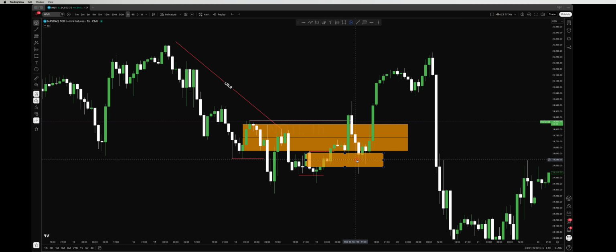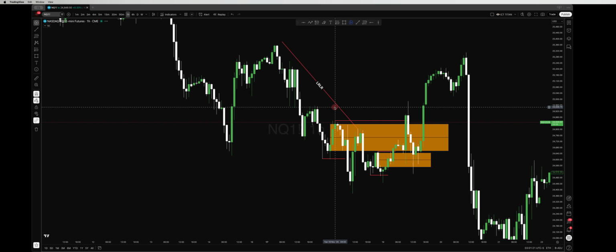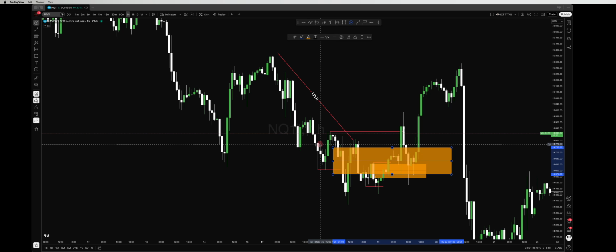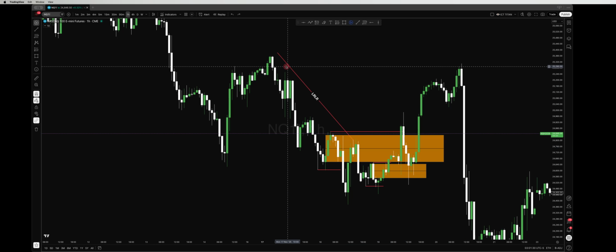Was the key footprint just wicking, body staying above, so that you can say, okay, price is still bullish, you can anticipate this price. Okay, so on this one, if this is the LRLR, and you see how price has equal highs over here, but still could not reach over there and then broke down.